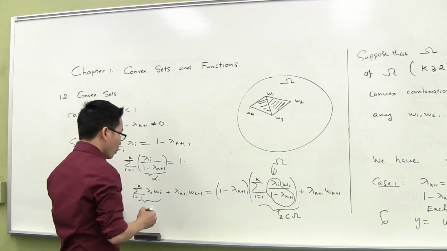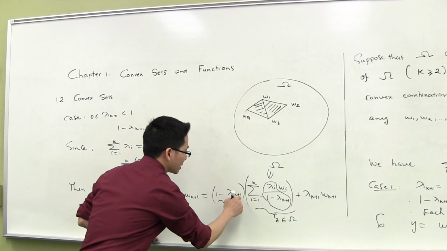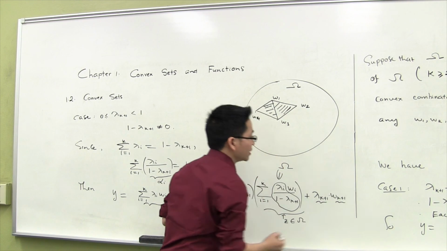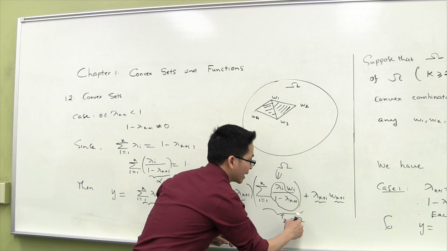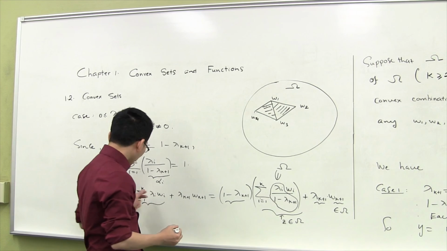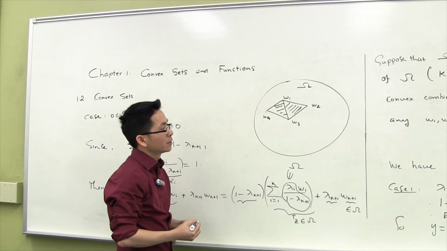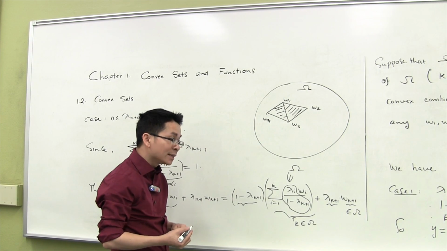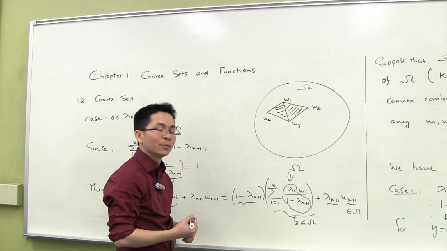So now y is written as 1 minus lambda k plus 1 times z plus lambda k plus 1 times wk plus 1. And note that z belongs to omega and wk plus 1 also belongs to omega. Therefore, y is a convex combination of two elements of omega. And as we saw earlier, because omega is convex, it contains all convex combinations of two elements of omega.